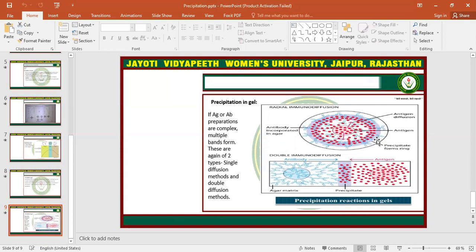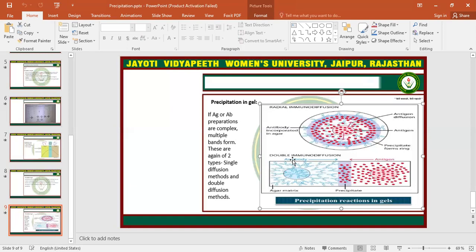They will form a precipitate, which is known as precipitation. Also, we can find here that they are in equal proportion, and the remaining antigen is here and remaining antibodies are here. But at this area, the antigen concentration and antibody concentration is equal.